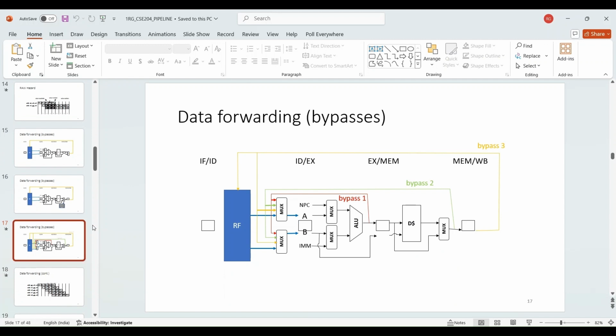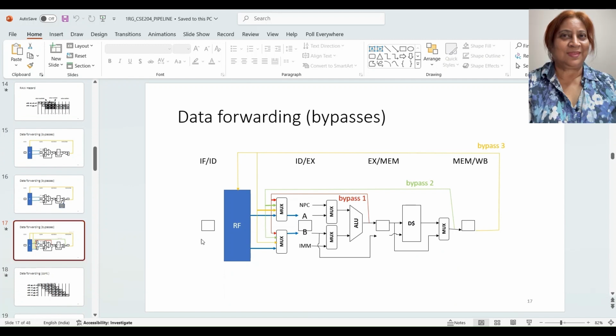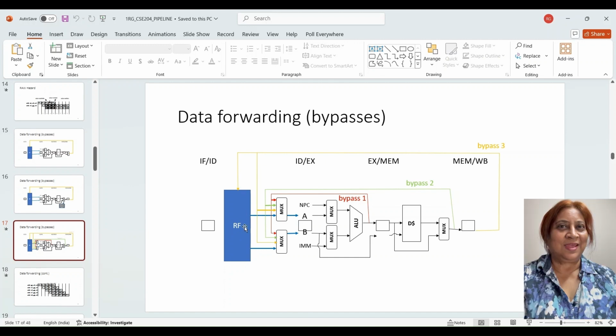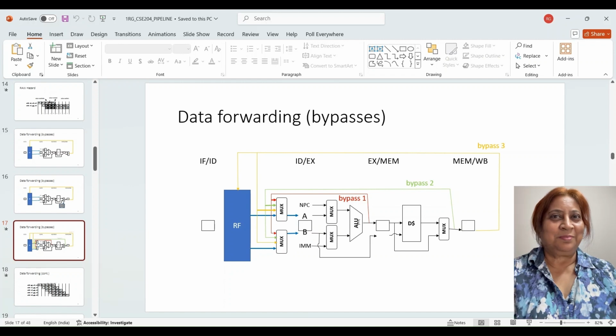Here you can see the pipeline hardware is shown. This is the instruction fetch. The square box is the memory. Memory keeps both instructions and data. Instruction fetch is accessing memory. Then register fetch, because it has to read registers $1 and $0, then it will be executed here.